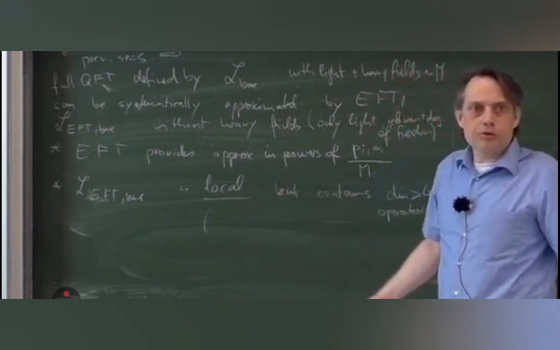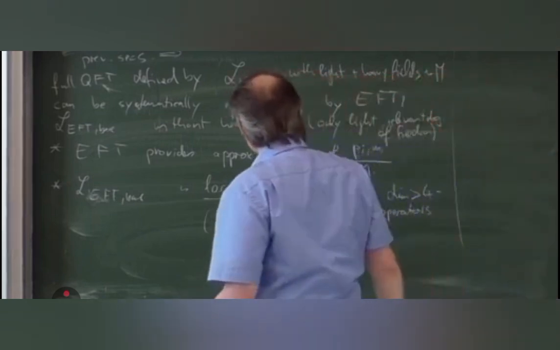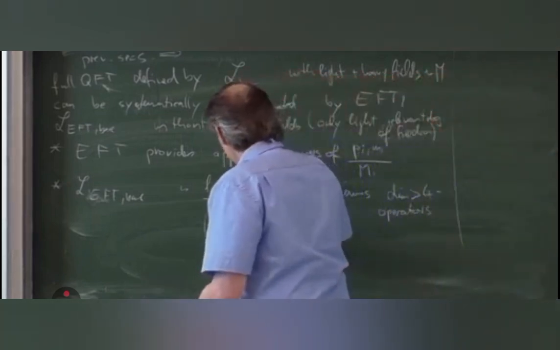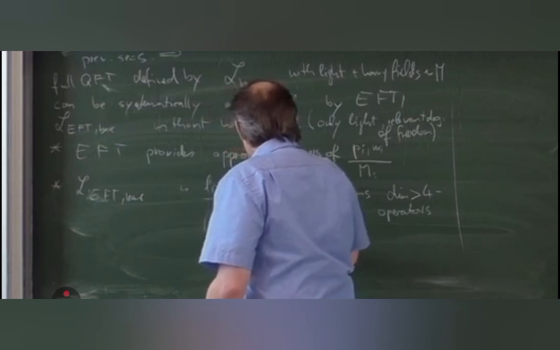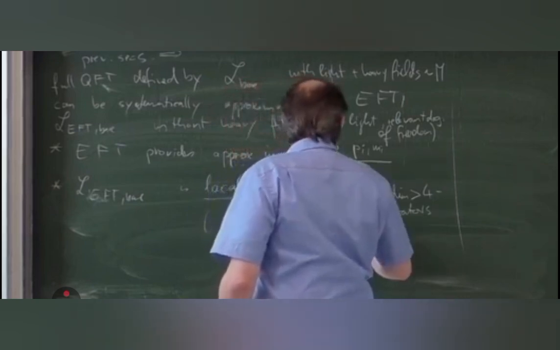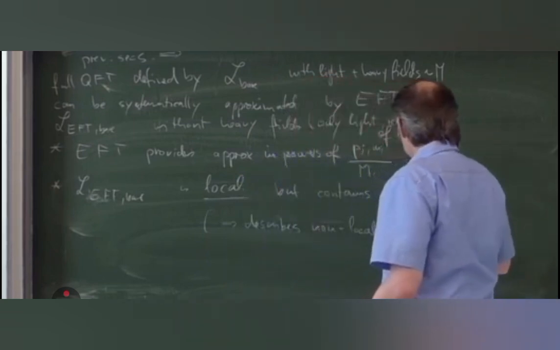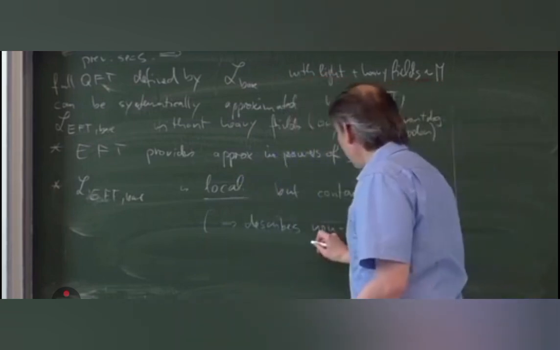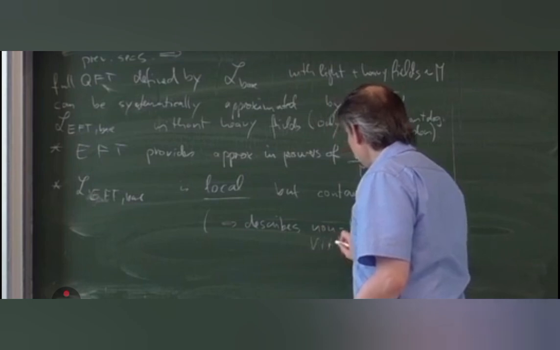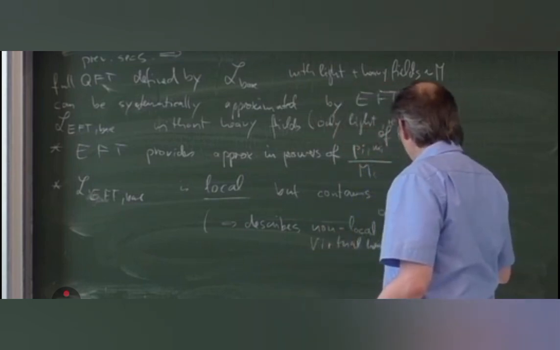But it describes the non-local circling around of the muon. So we can say this describes the non-local effects of virtual heavy states.